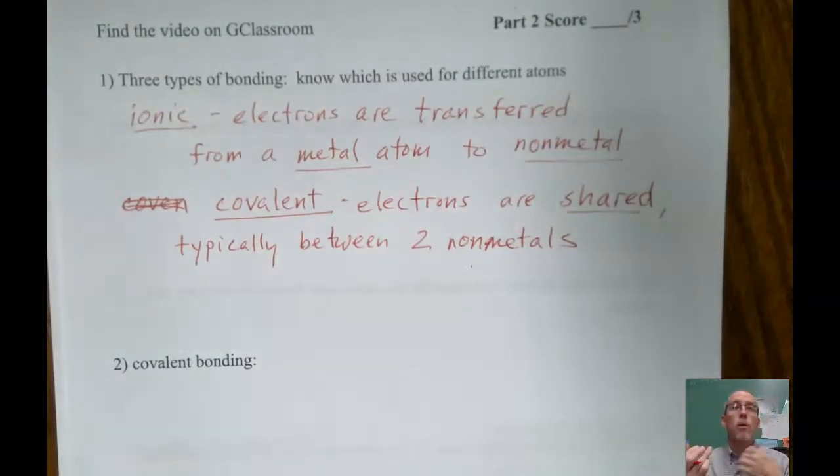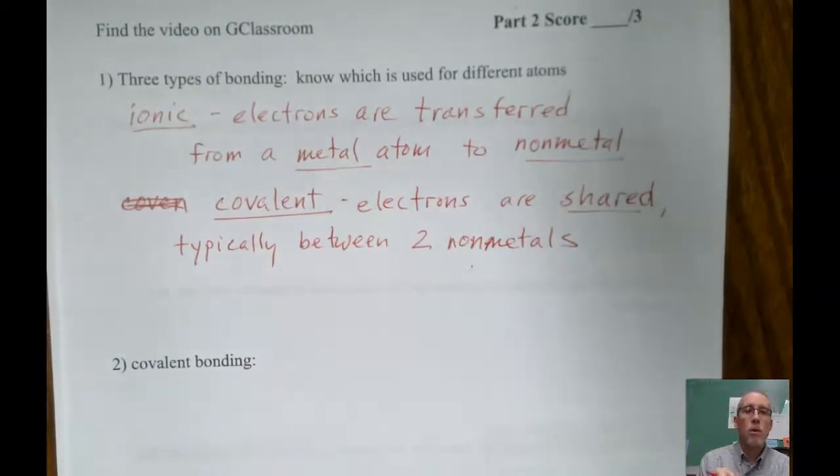So a non-metal to another non-metal. That's almost always covalent. Remember that in order to have ionic bonding, you have to have an atom that's willing to give away electrons. Certainly nonmetals aren't going to be willing to do that because they're very close to having a full outer energy level. So giving away electrons is not something they're going to want to do. But sharing, I'll show you, is something that they can do.